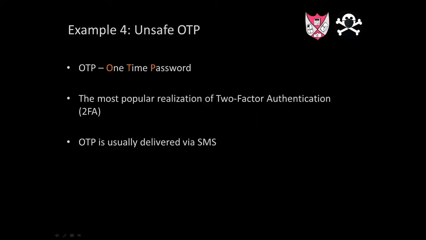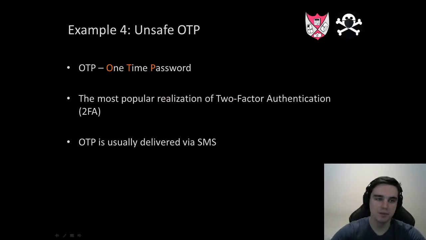Next vulnerability: unsafe OTP. Firstly, what is OTP? OTP is a one-time password, and it is usually one of the most popular realizations of a second factor. For example, you enter the mobile banking, you enter your login and password, and after that you get an SMS code or maybe a push notification.